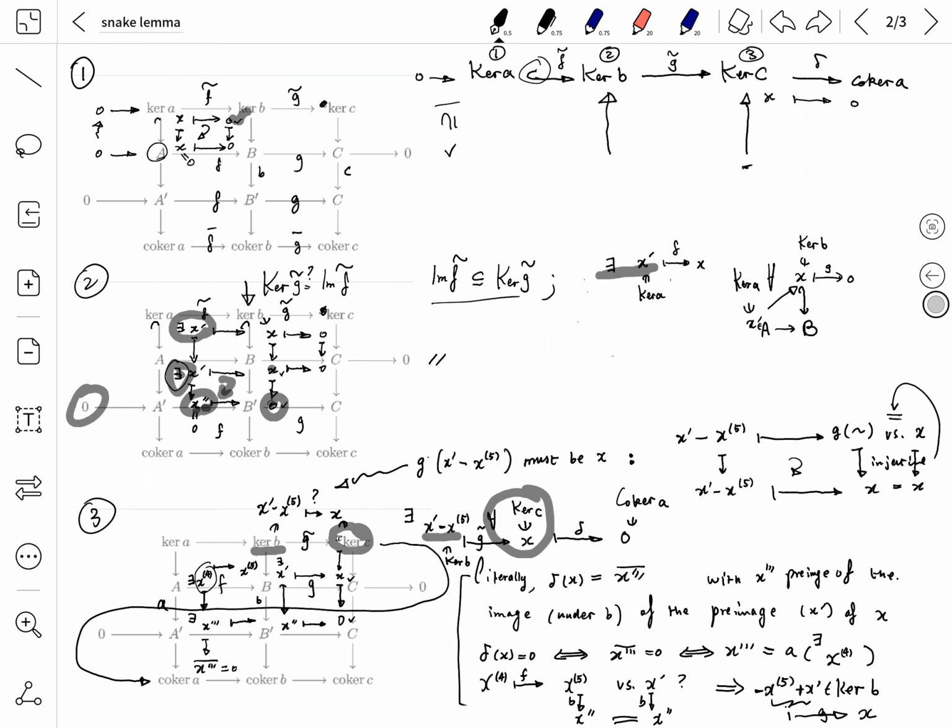If you look at this element and call it x4, just give it index 4, and you see its image under F. Let's give it index x5, and then this x5, this element is, firstly by the commutative diagram, its image will again be x double prime vertically, right?